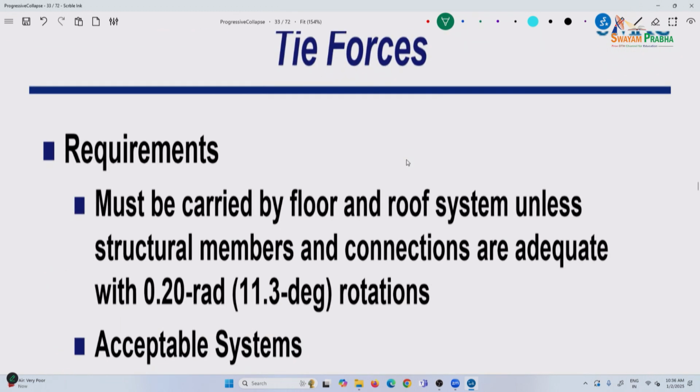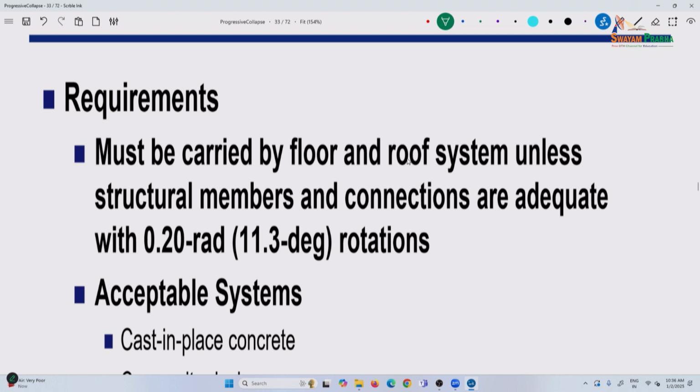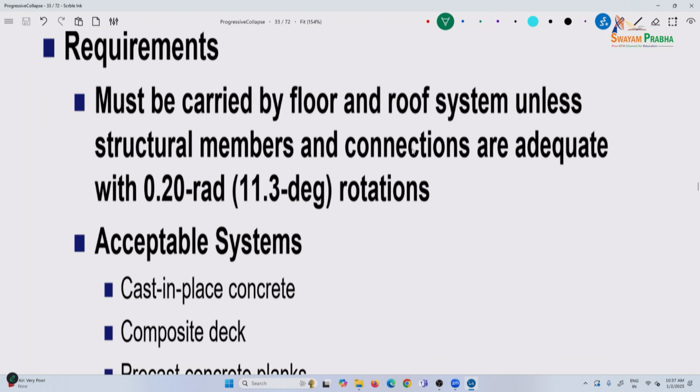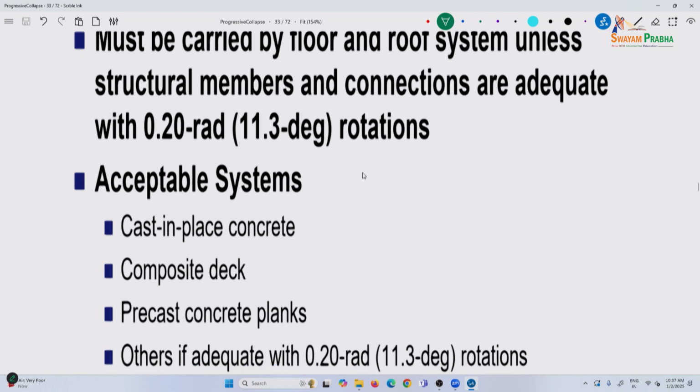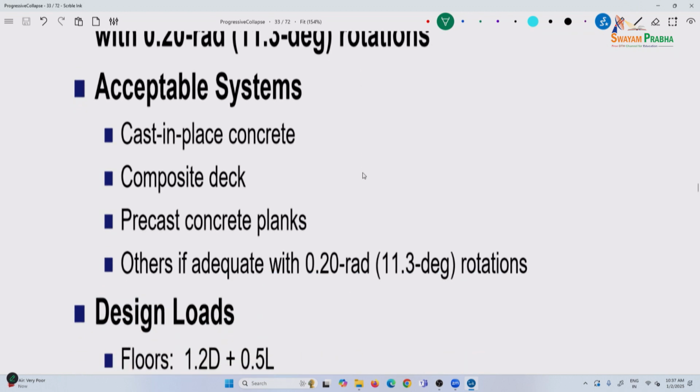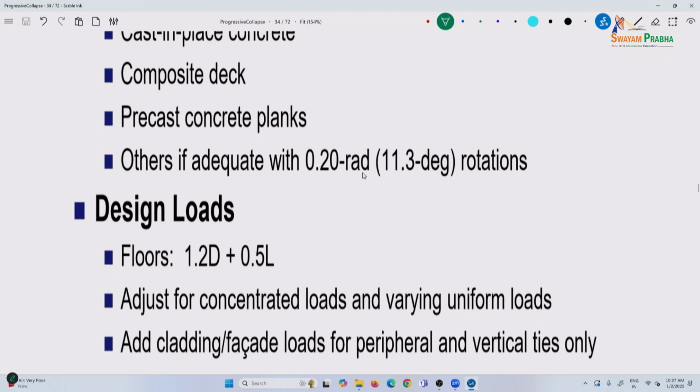Then tie forces must be carried by floor and roof systems, unless structural members and connections are adequate with 0.2 to 11.3 degree rotations, which is a significantly high rotation. For most systems you do provide acceptable systems, let us not get into it.